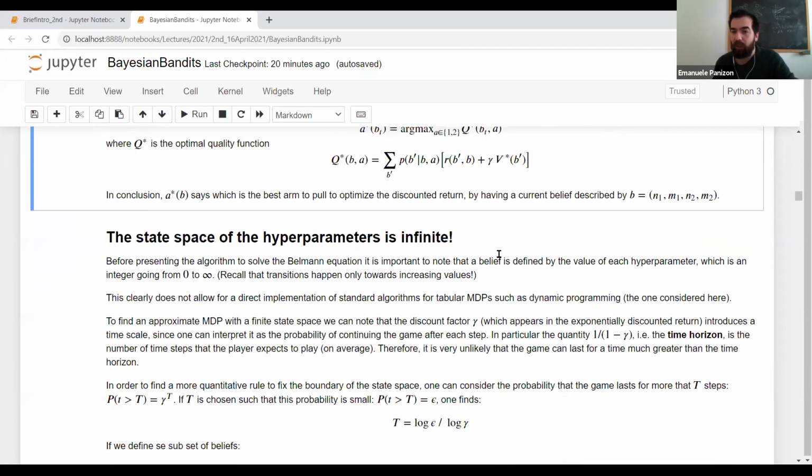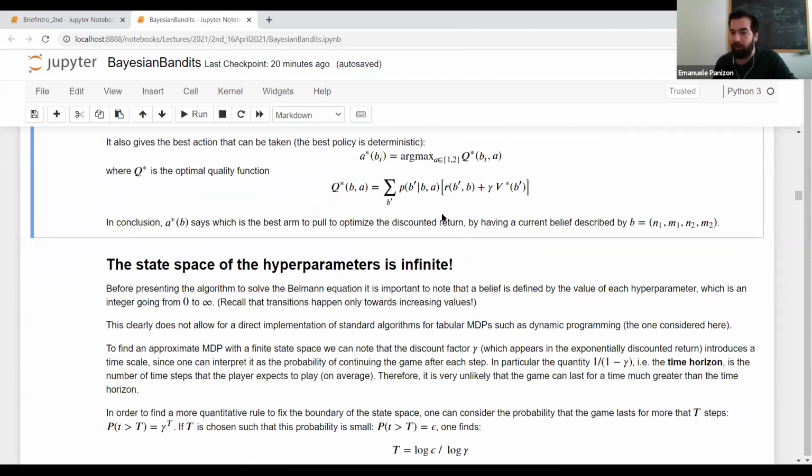Okay, so in this way we are left just with computing this value function. We encounter now a small problem which we have not encountered before. Even if the system is exactly as solvable as before, the state space is now infinite. What does it mean? We saw that the beliefs were composed of 4 integer numbers.